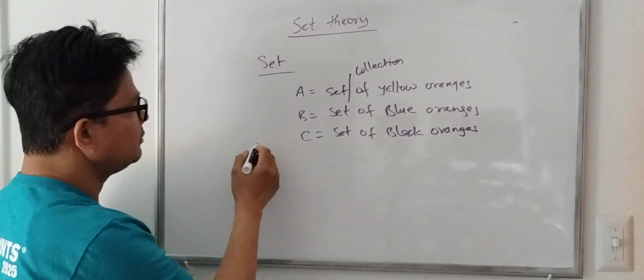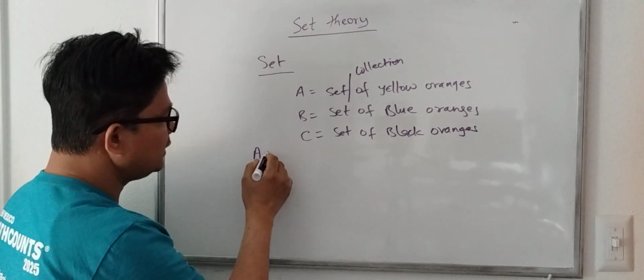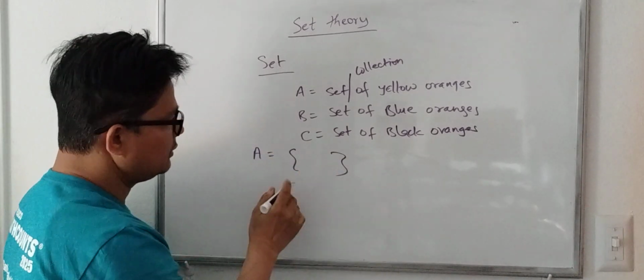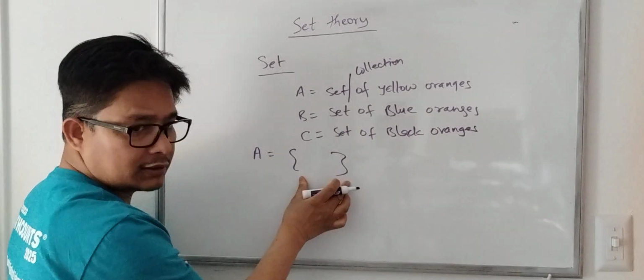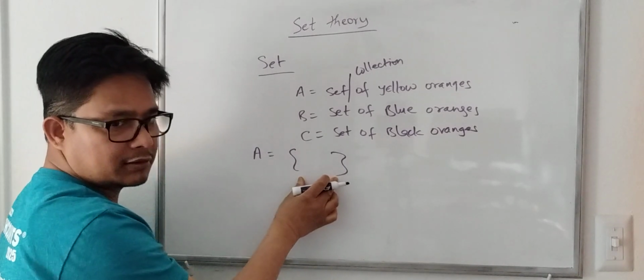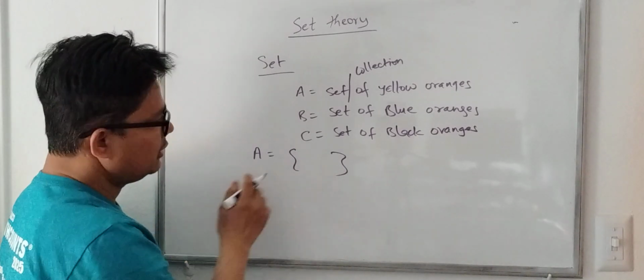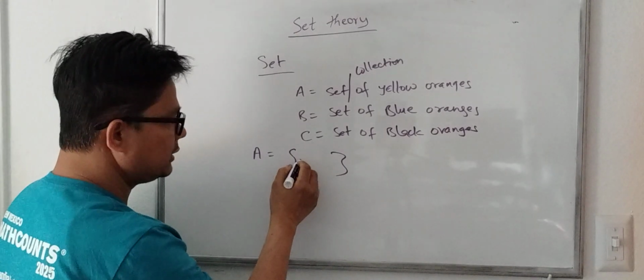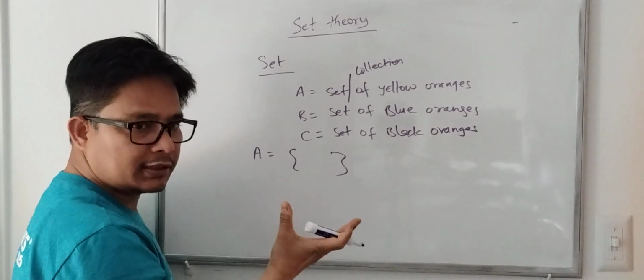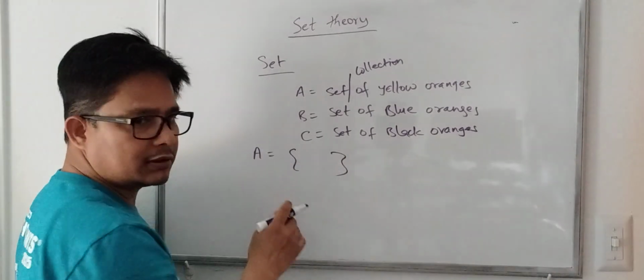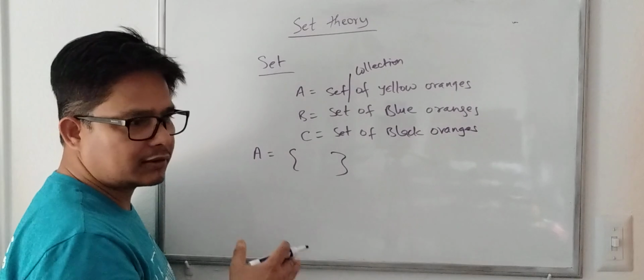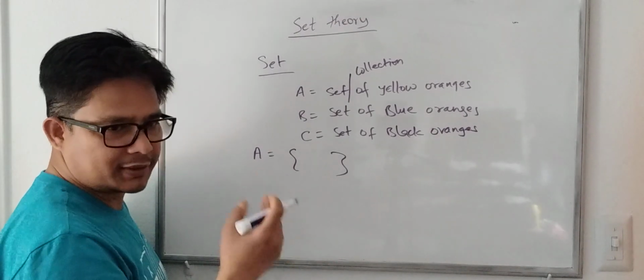And in maths, how do we represent a set? Inside these parentheses. Okay, you can write anything. Let's say you write apple 1, apple 2, apple 3. That will be a set. So now, since we are talking about maths, let's focus on numbers.